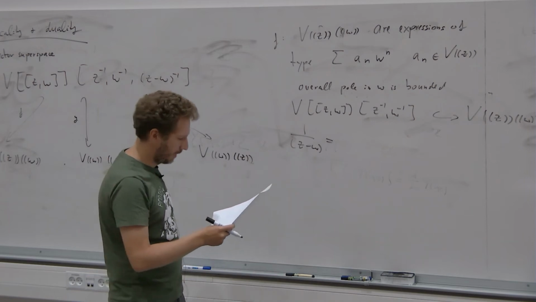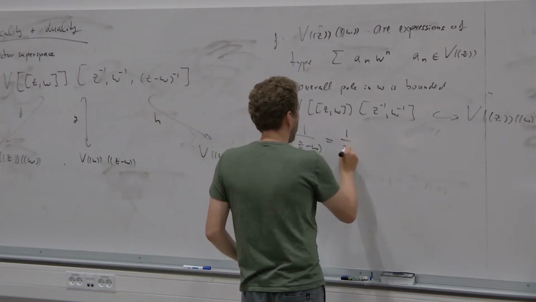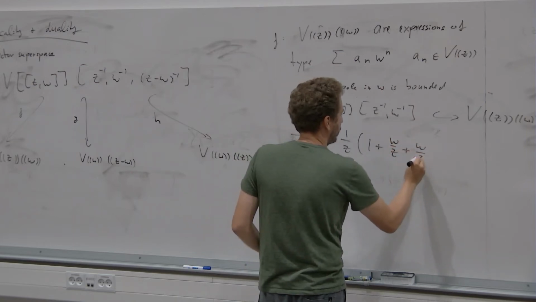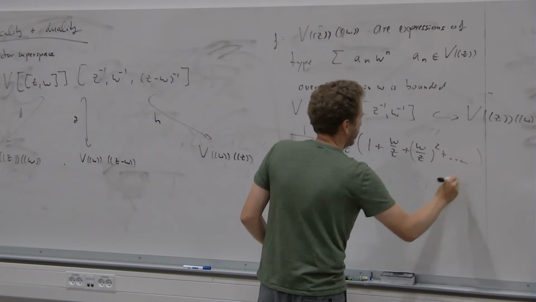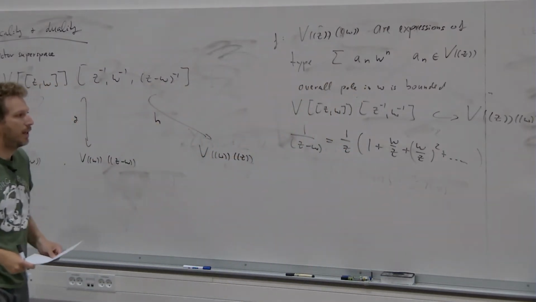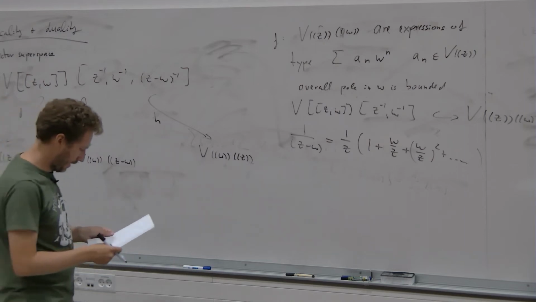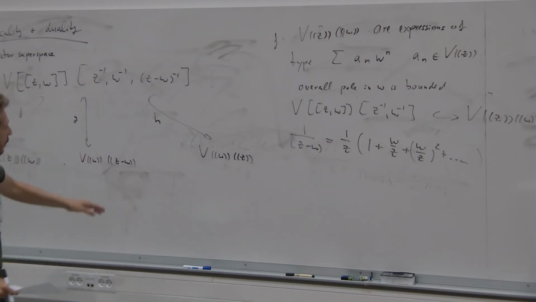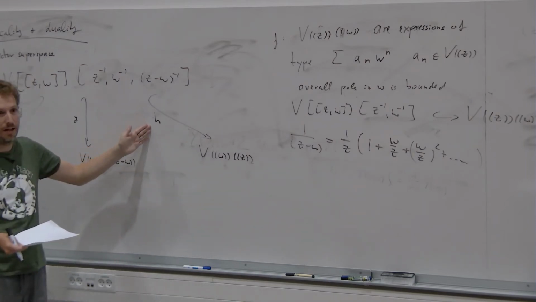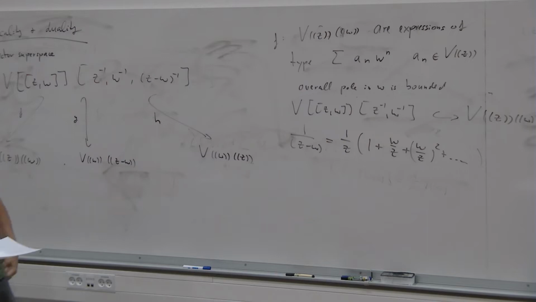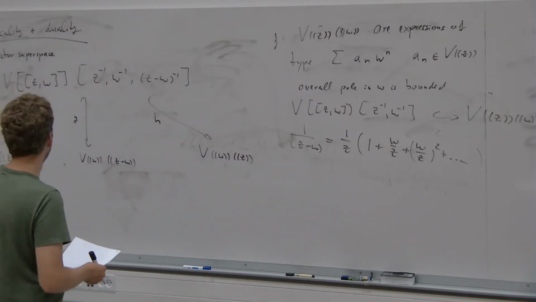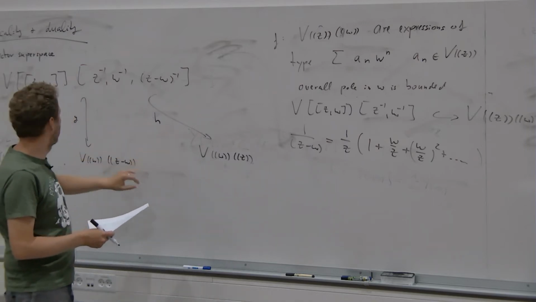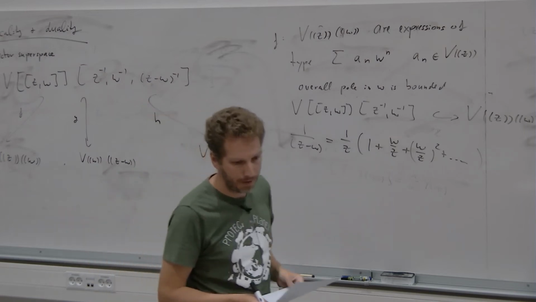So this means we use the expansion that this is 1 over Z times 1 plus W over Z plus W over Z squared, etc. We expand in the region where W is less than Z. So this defines F. Of course, H is defined in complete analogy; I just expand in the other direction. And now we have to talk about G.